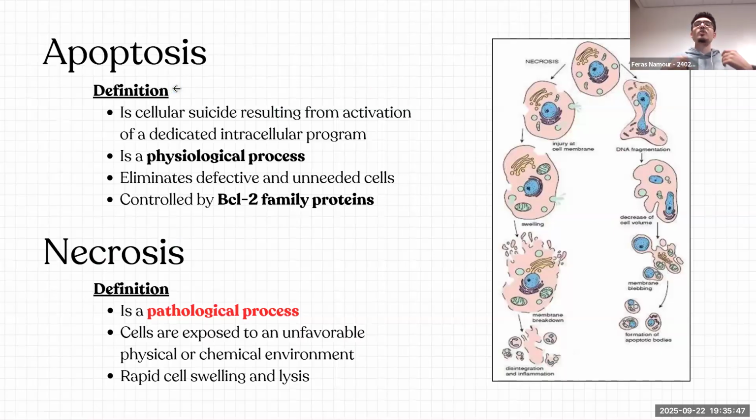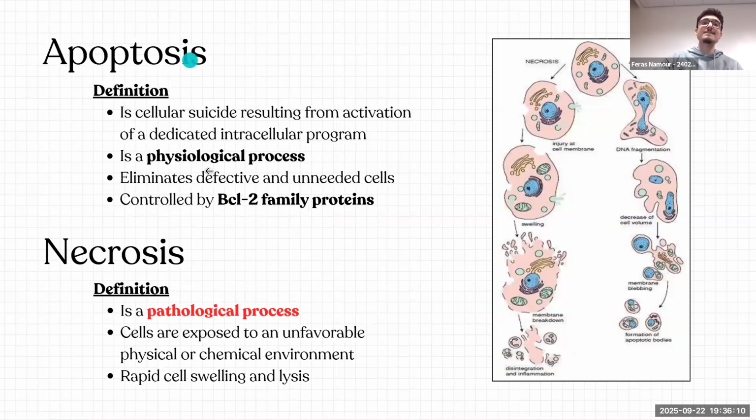Apoptosis is normal cell death. When a cell carries out its function and lives long enough, it comes to a point where it should not replicate anymore and decides to die, so it does so by apoptosis. It's a physiological process. We call this cell suicide, and it's controlled by the BCL2 family proteins.